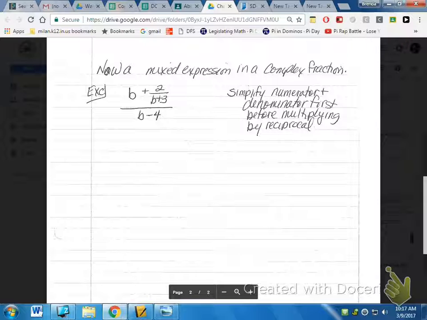So here, let's take it apart a little bit. I'm going to work on the top, okay? So if I work on the top, b plus 2 over b plus 3. Well, that b, remember, is over what? 1. And what common denominator am I going to have for the numerator?